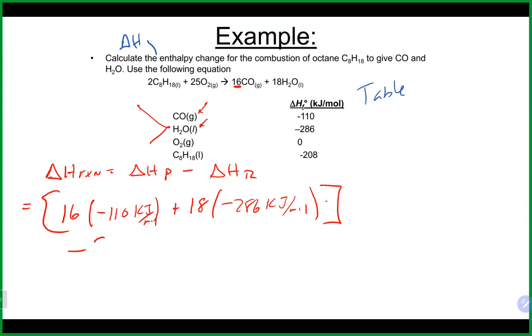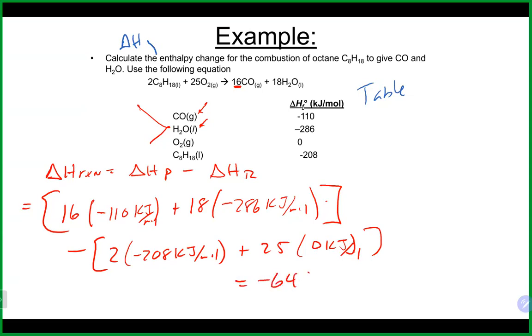We will then subtract our reactants, which is 2 times our C, whatever it is there, minus 208, and 25 times our oxygen, which is actually 0 kilojoules per mole, as it is in a standard state. If we do all that, we will end up with something like minus 6492 kilojoules in this case.